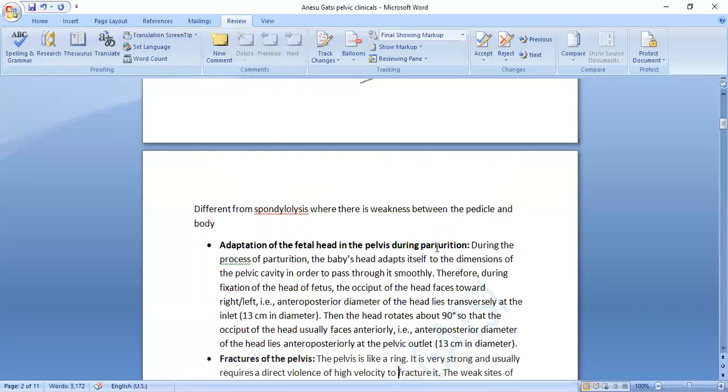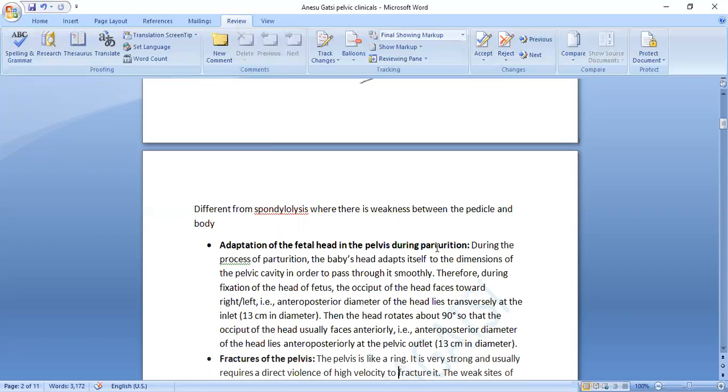But then when it leaves the outlet, its anterior posterior diameter will actually be in the correct anterior posterior axis, due to the fact that it actually turns 90 degrees as it moves through the pelvic region. So this would be important to understand, I guess, in those who want to venture into obs and gyn.